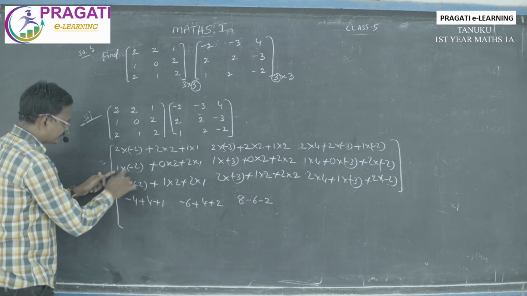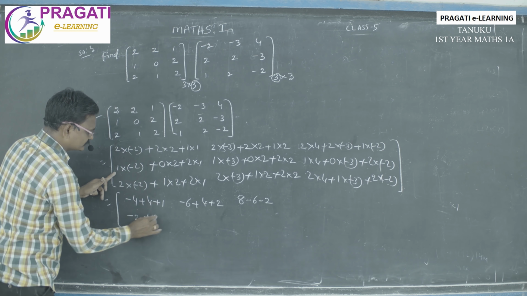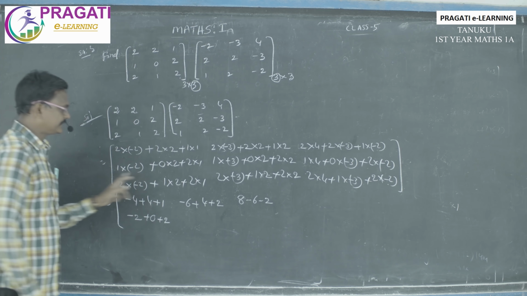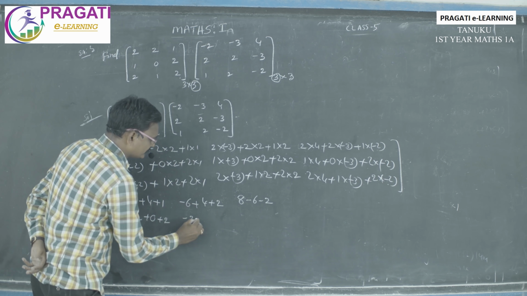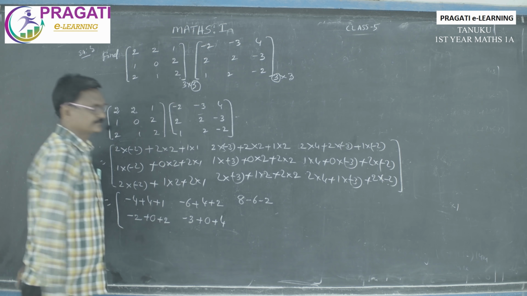Next element, 1 into minus 2, minus 2, 0 into 2, 0, 2 into 1, plus 2. Okay. 1 into minus 3, minus 3, plus 0 into 2, 0, plus 2 into 2, plus 4.